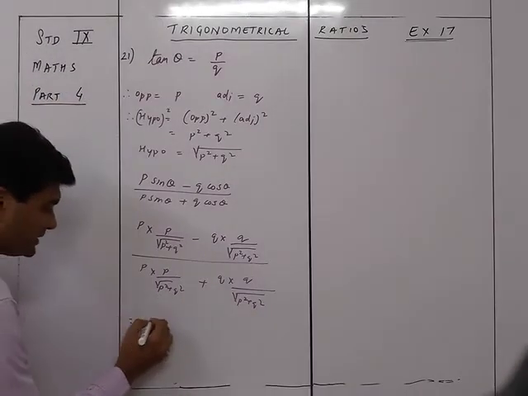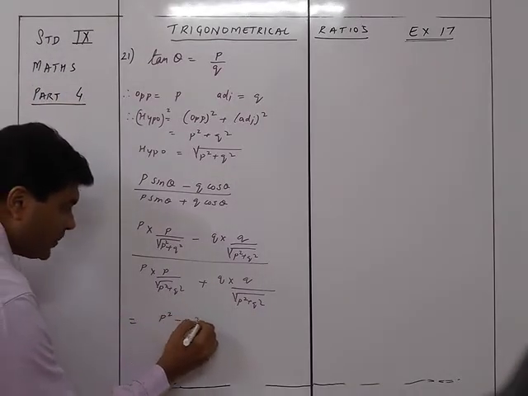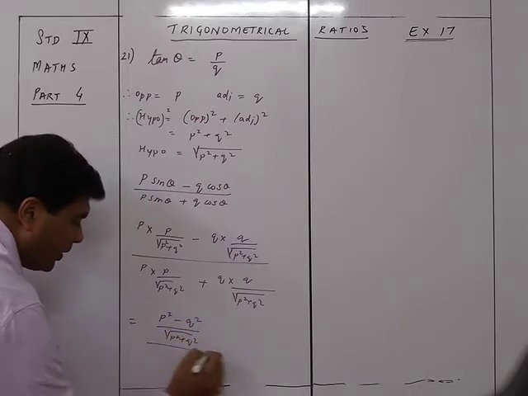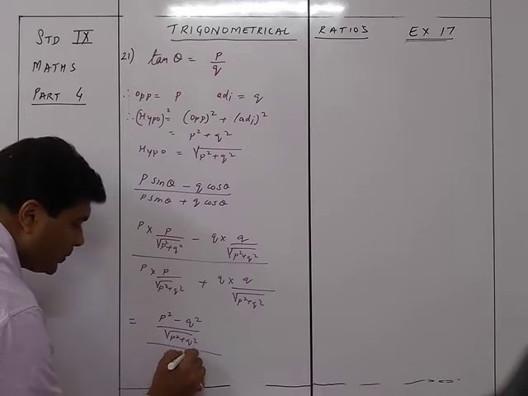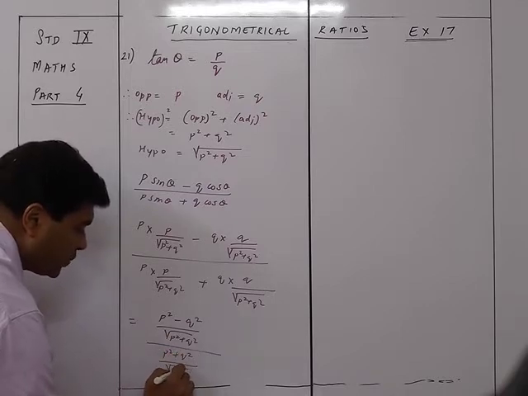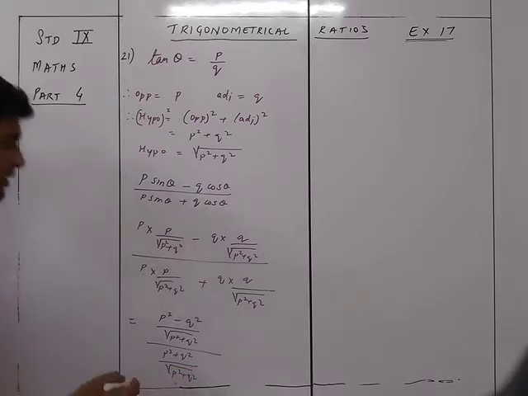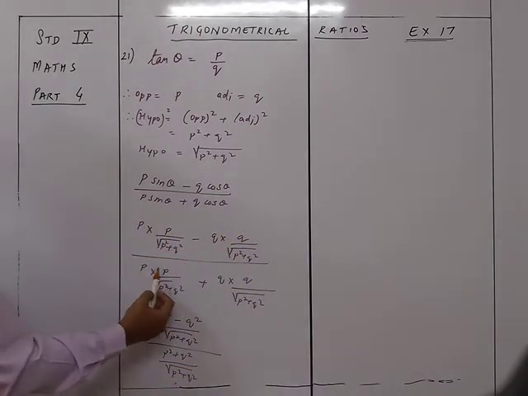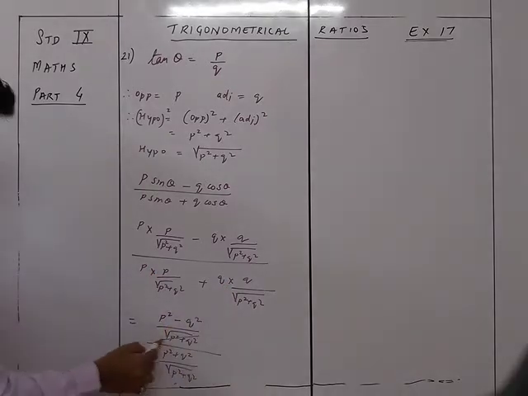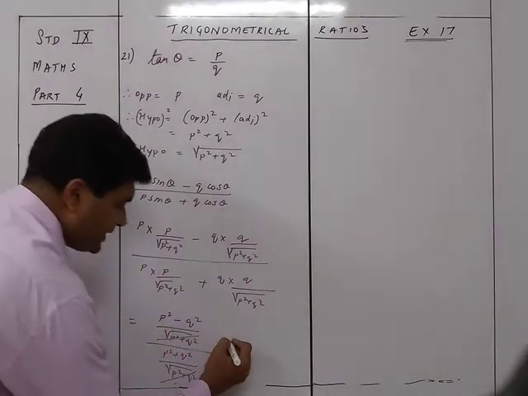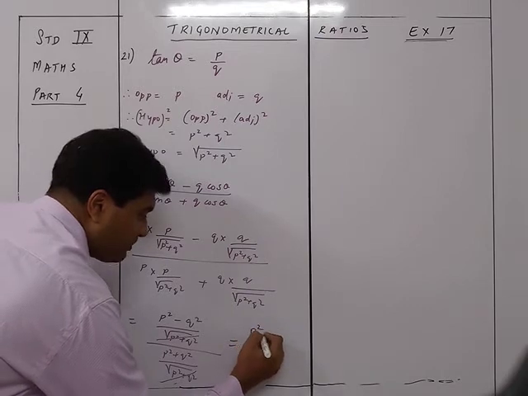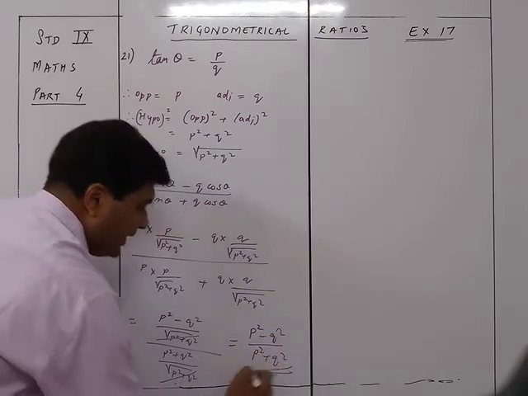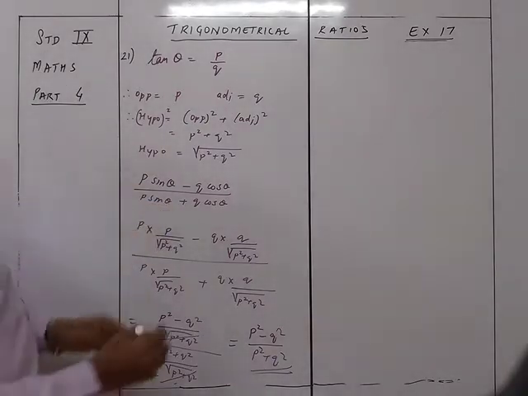That gives me P square minus Q square upon root of P square plus Q square, upon P square plus Q square upon root of P square plus Q square. Because the denominators are the same, this adds up to P square minus Q square and this adds up to P square plus Q square. So the roots cancel, and hence the answer is P square minus Q square upon P square plus Q square.